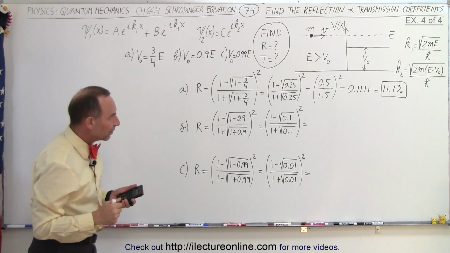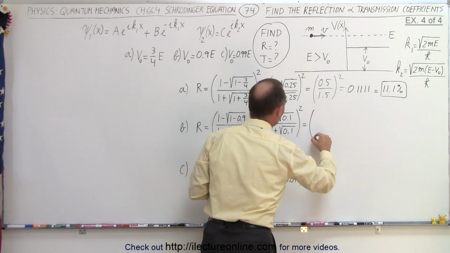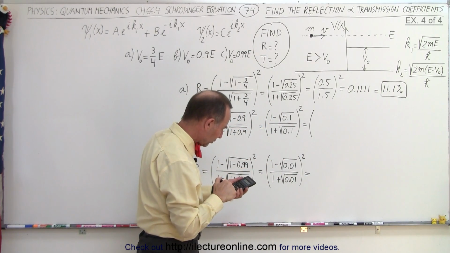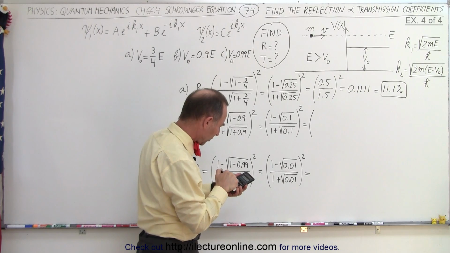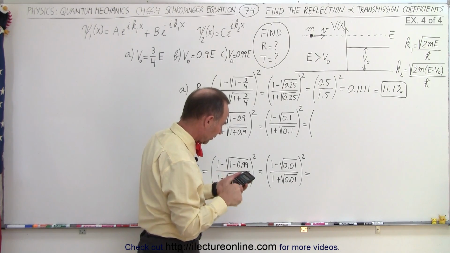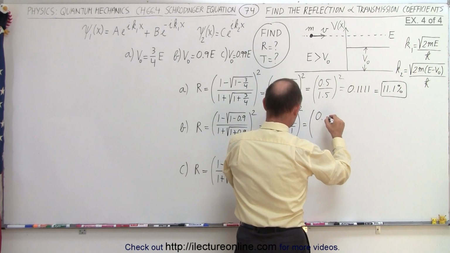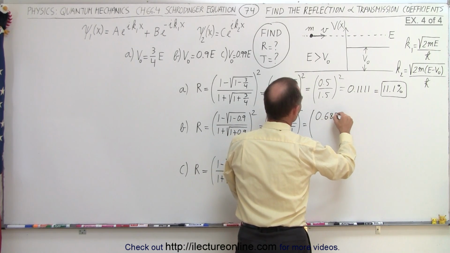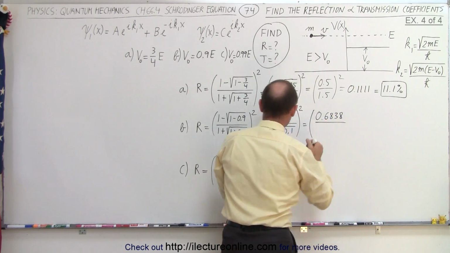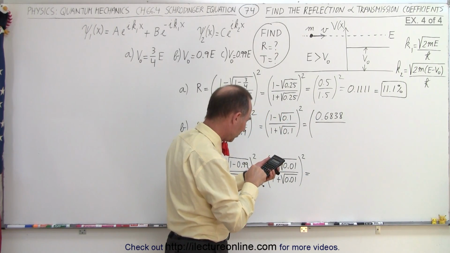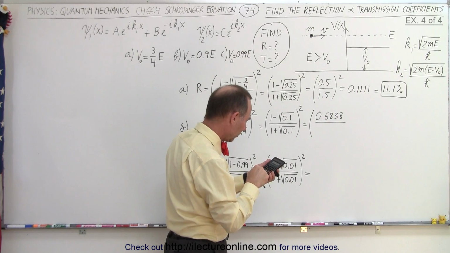Now let's go to 90% and see what we get. This becomes 0.1, take the square root, subtract that from 1. So essentially we get 0.6838 divided by 0.1, take the square root, plus 1.